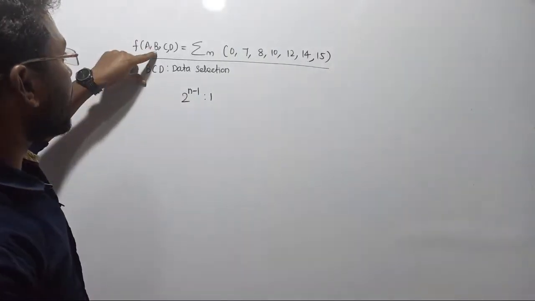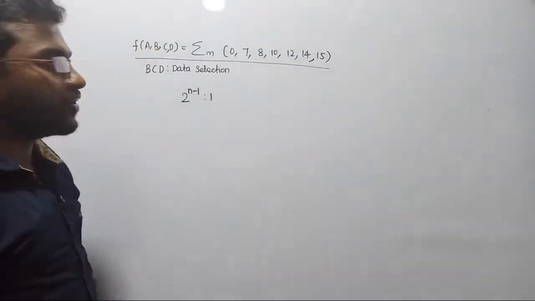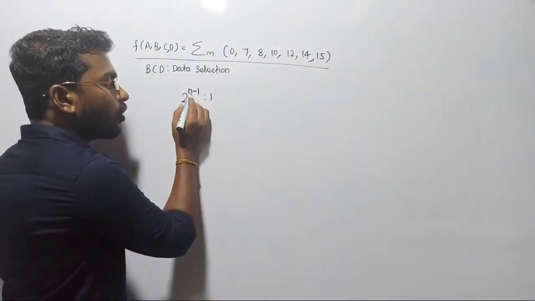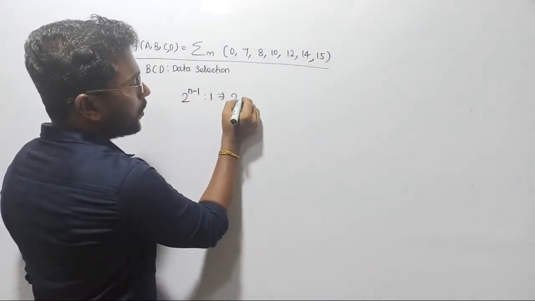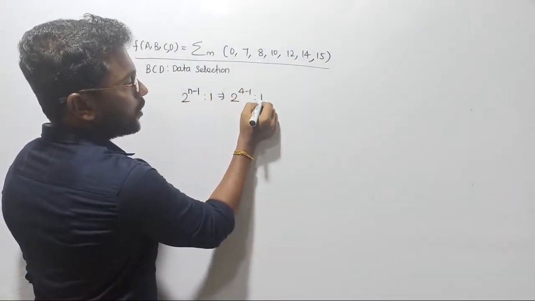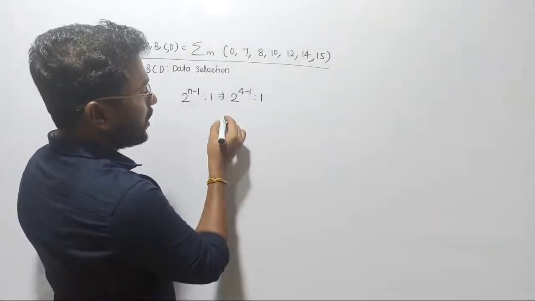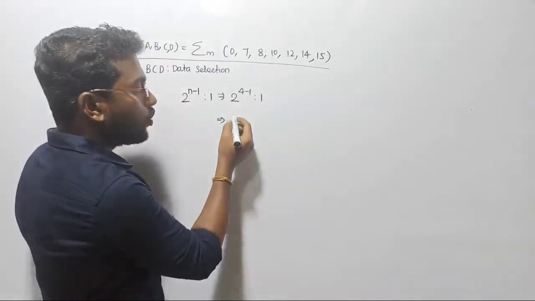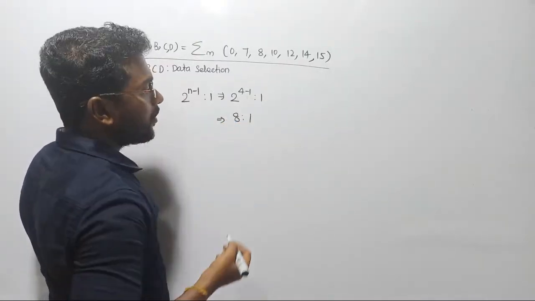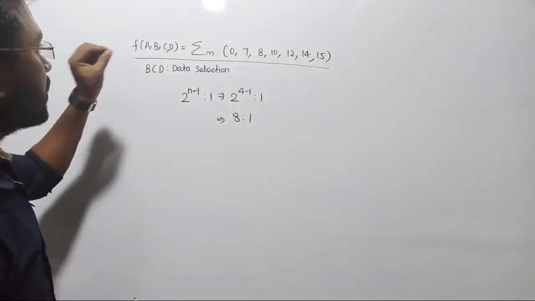It clearly denotes a, b, c, d, 4 variables. So 2 power 4 minus 1, that is 2 power 3, which is 8. So I need an 8 cross 1 multiplexer in order to implement the given circuit.